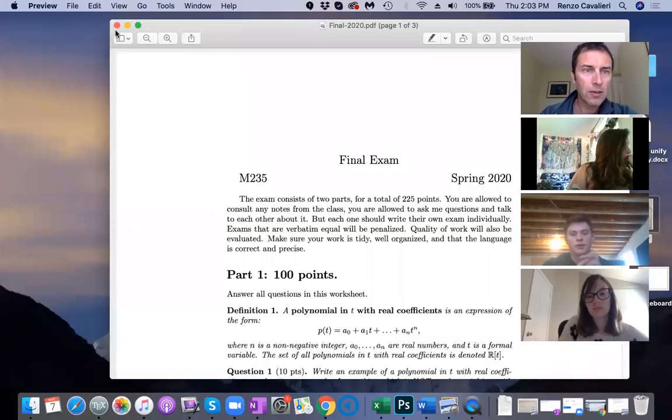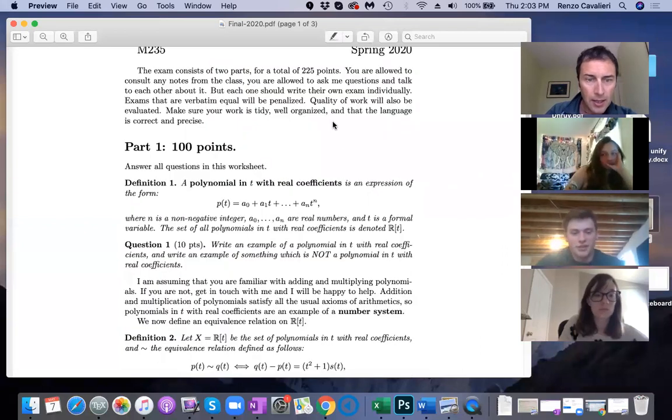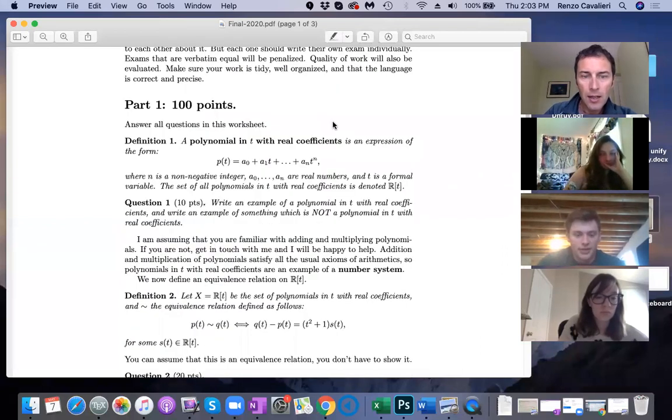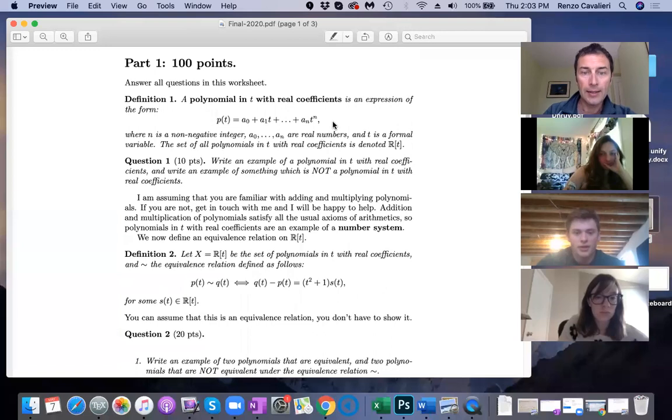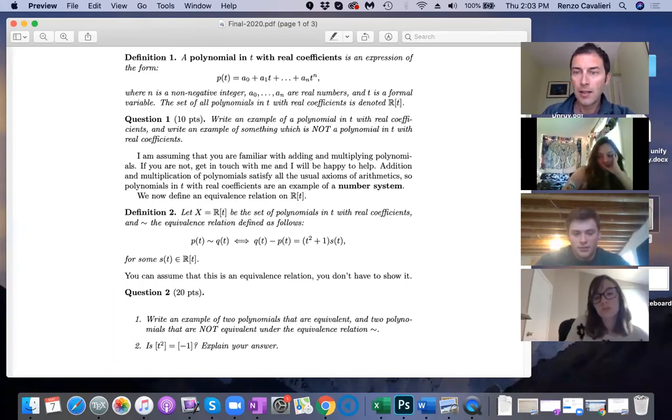So question 2, you said, Tyler? Yeah, the definition of the tilde. When we say P of t is similar to Q of t if and only if Q of t minus P of t is equal to t squared plus 1 times S of t. The first part of question 2 asks us to find two polynomials that are not equivalent, and I'm struggling with this.